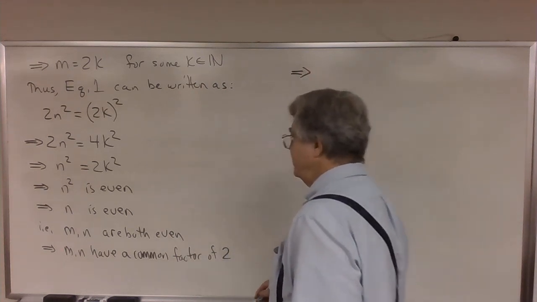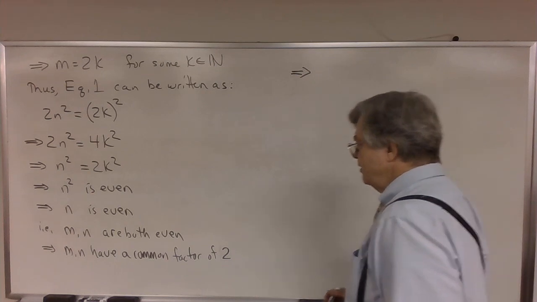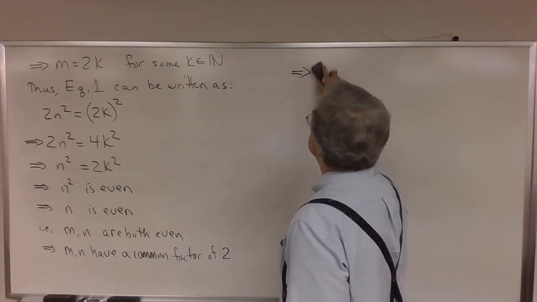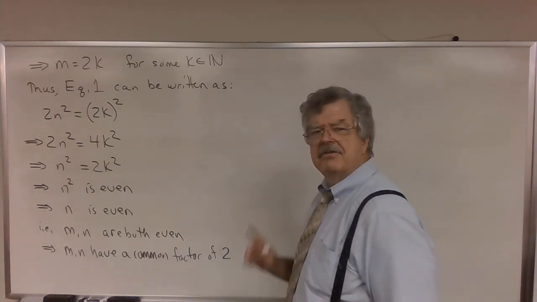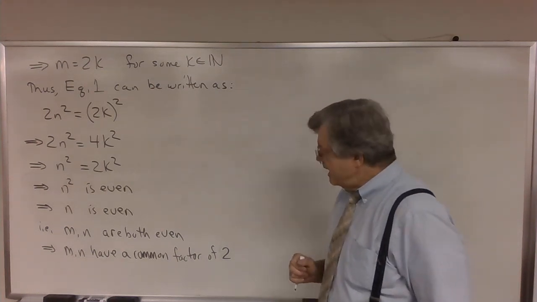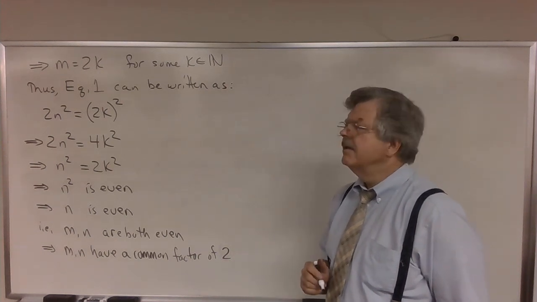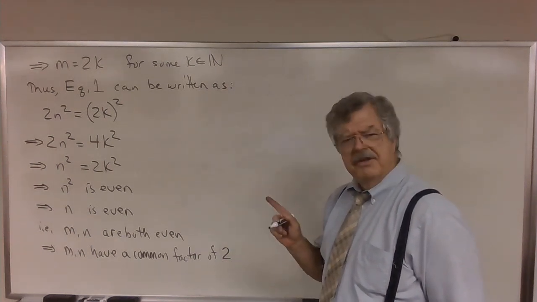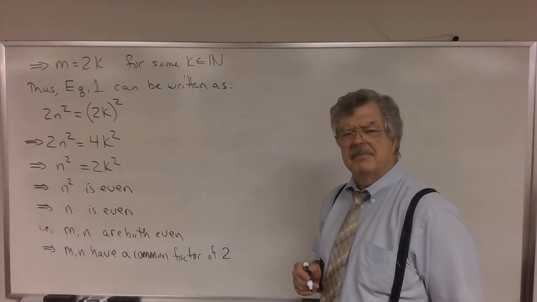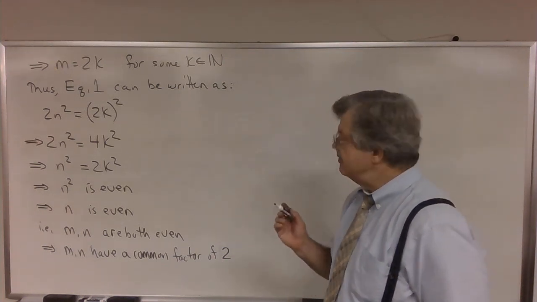But this implies, no, this contradicts. This contradicts the assumption that what? That m and n have no common factor. This contradicts the assumption that m and n are relatively prime.